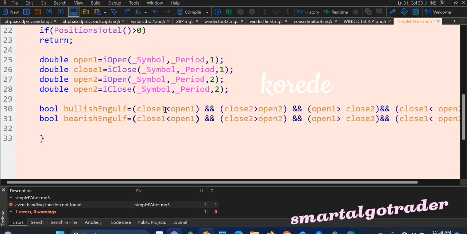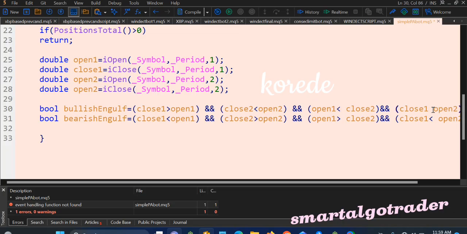If bullish, close should be greater. Yes, I think I made some mistakes. Close should be lesser. And open as well. So that's why the error might have come.